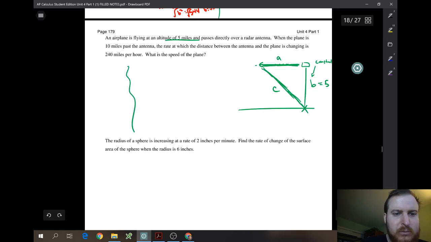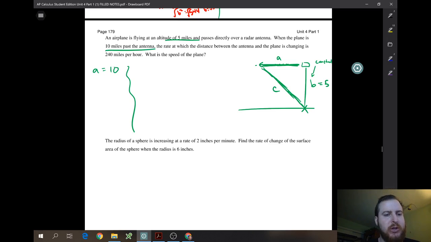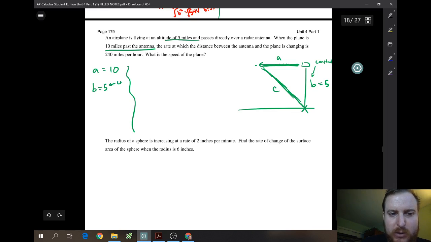Now, we do know that they gave us the 10 miles past, and that is A. So we can do that as a given, but we just want to make sure that we know it's changing. Then B is 5. That's our constant, so we can plug that one in.